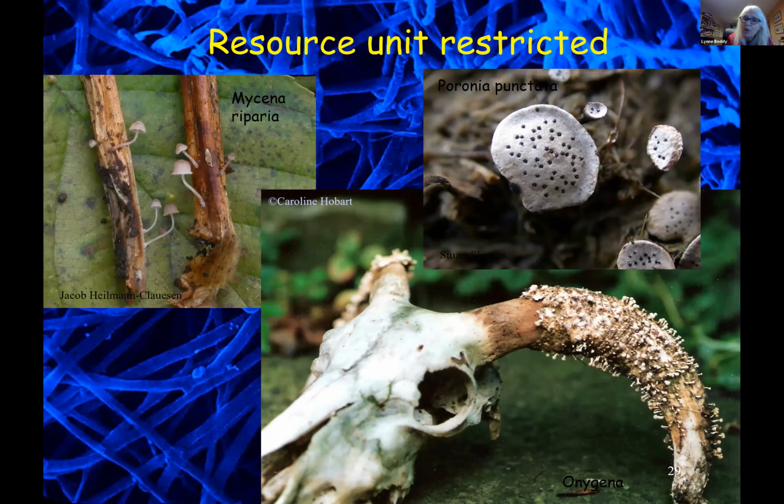Now, I don't want to give you the impression that all fungi grow out of resources searching for new ones, because that most certainly is not the case. Probably most fungi are confined within limited resources. So we have a Mycena species on a twig here. We have an Onygena species here, which is using this animal horn.